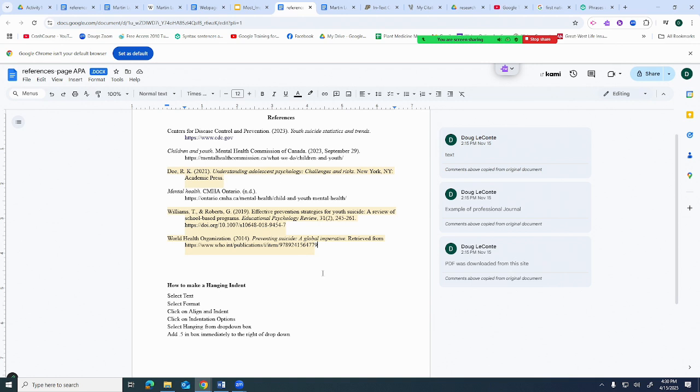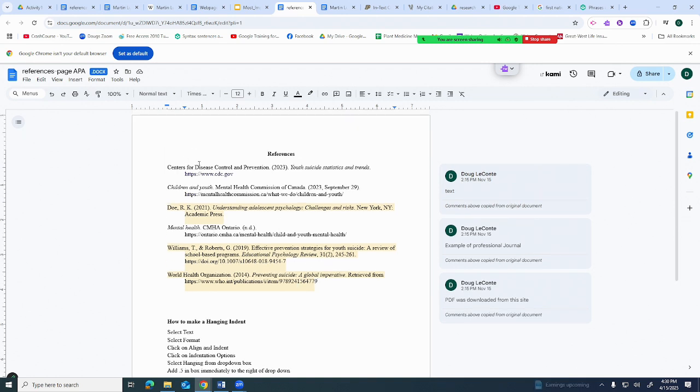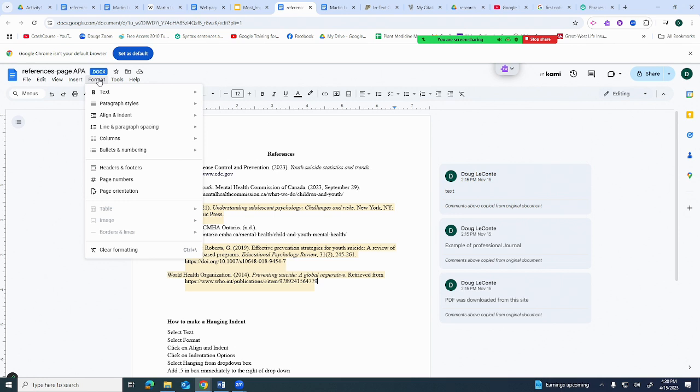Okay. So notice that they all have what's called a hanging indent, and that's an APA style thing, right? You go across one line, then you tab, and then continue on with your reference. But there's a way to do that when you format.